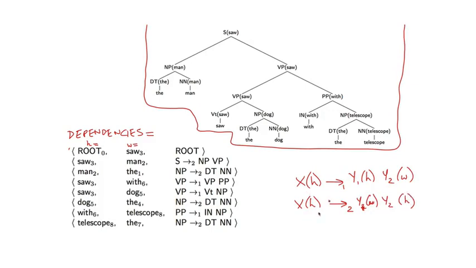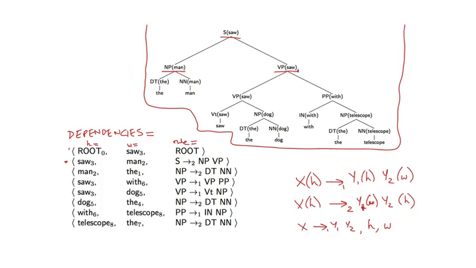Okay, so essentially you have some rule, X goes to Y1 Y2, for example, and I have some head word H, and I have some word W. So here I have H and W, and here I have the rule. So this first dependency here is saying that I have saw as the head, I have man as its modifier, and I have the rule S goes to NP VP, and that dependency is extracted from this rule at the top of the tree.